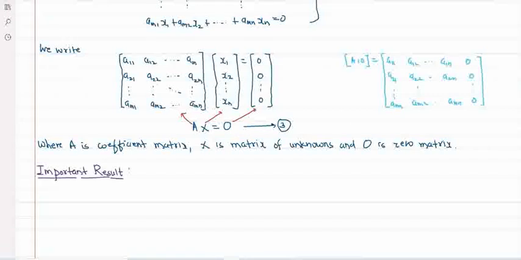So let the rank of A be equal to r. Then my question is, what is the rank of the augmented matrix A0? Look at the matrix: because the last column is identically 0, does that affect the rank of A0?